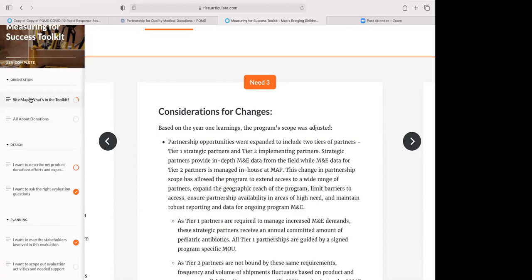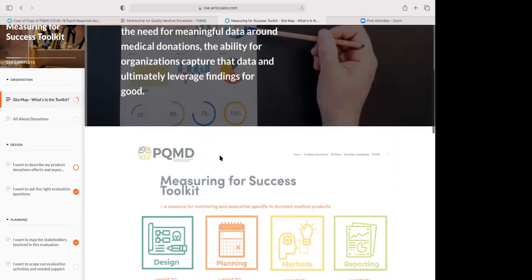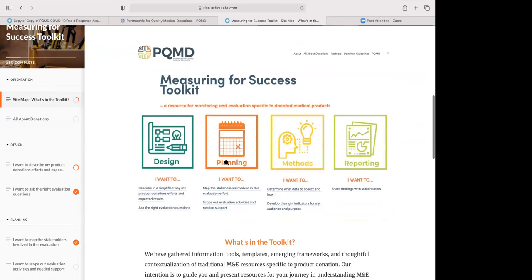The other thing we wanted to tell you is a lot of this is information for you to be able to start the process, but we also recognize that everybody's at a different point with their M&E capacity. Some of you will have internal groups that will be able to not only utilize this, but maybe contribute to it as well. Others of you are just starting off in your M&E journey, and you may actually need a technical consultant or somebody to help you get to the point that you'd like to get to.